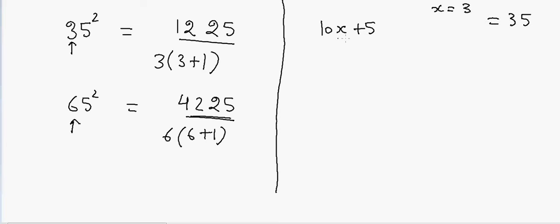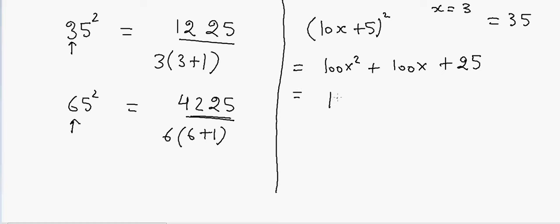So suppose if we have 10x plus 5 and we want to do a square of it, that will be equal to 100 x square plus 100x plus 25.